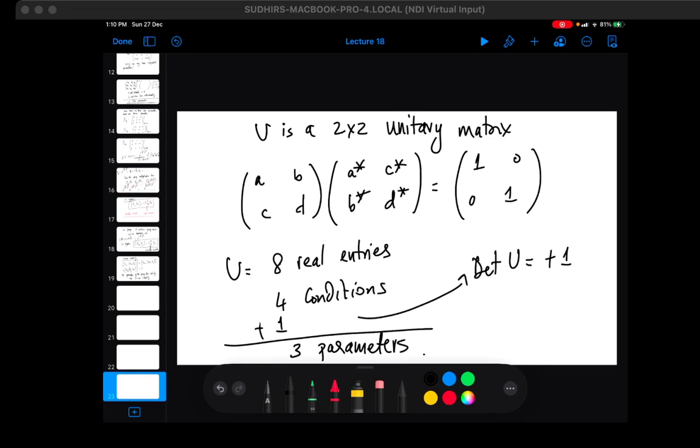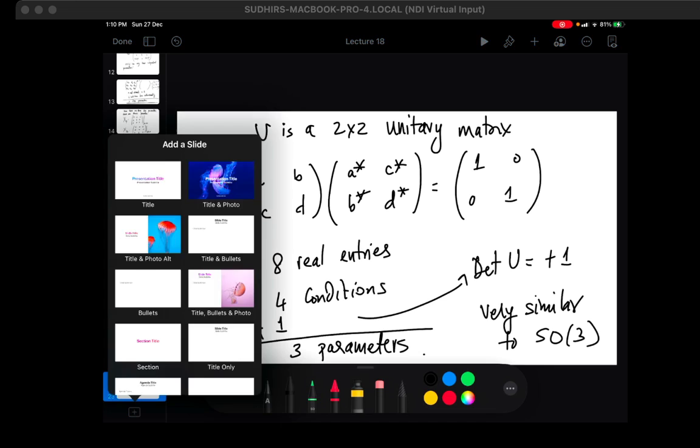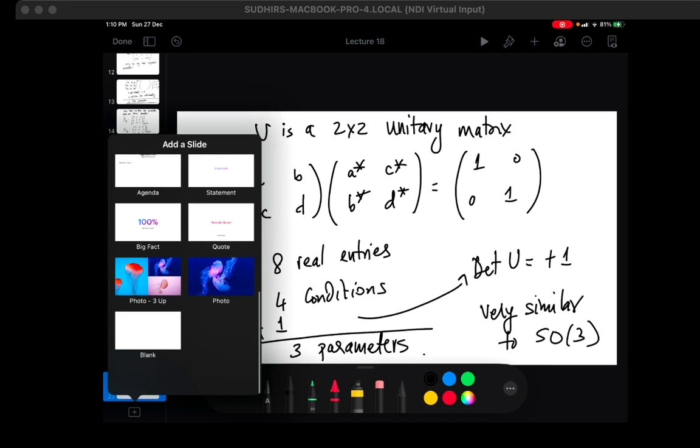So we end up with a case which is very similar to the case of SO3. In fact, they are isomorphic groups, essentially; one is the double cover of the other.